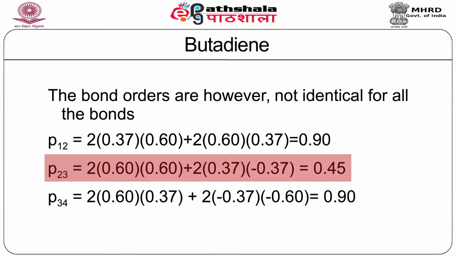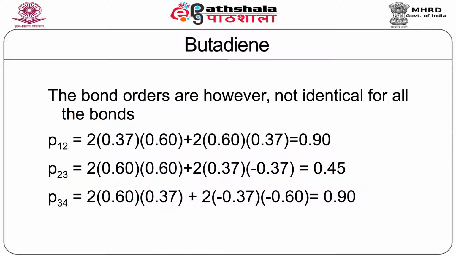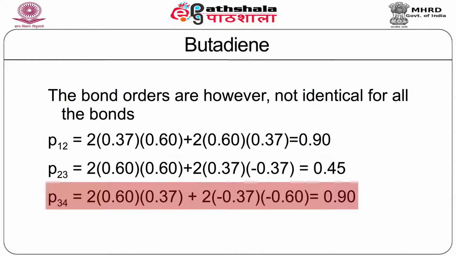P23 equals 2 into 0.60 into 0.60 plus 2 into 0.37 into minus 0.37, and that is equal to 0.45. And P34 equals 2 into 0.60 into 0.37 plus 2 into minus 0.37 into minus 0.60, and that is again equal to 0.90.